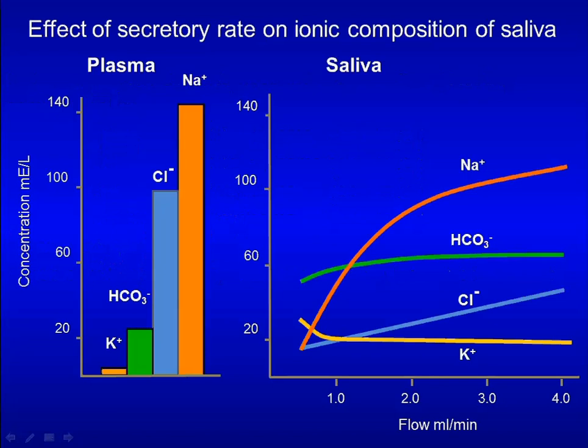Here we have two charts. The first chart shows normal plasma values of ion concentration. The second chart shows change in ion concentration in saliva in response to an increase in flow rate. As the flow rate increases, the concentration of most ions approach plasma value except bicarbonate.